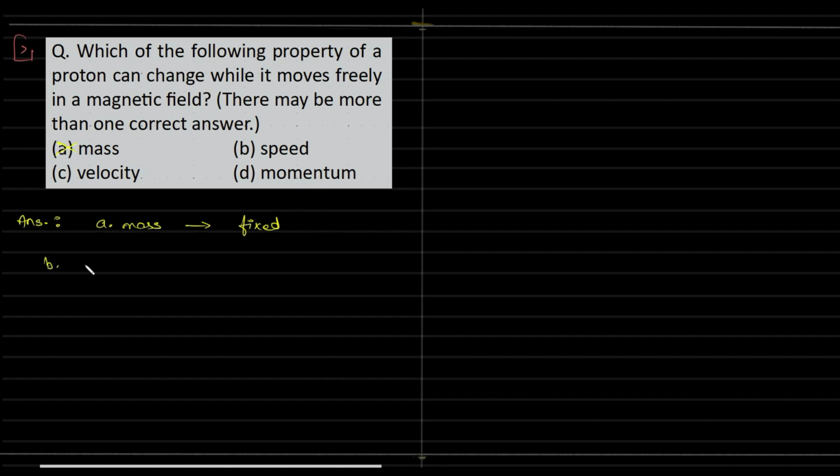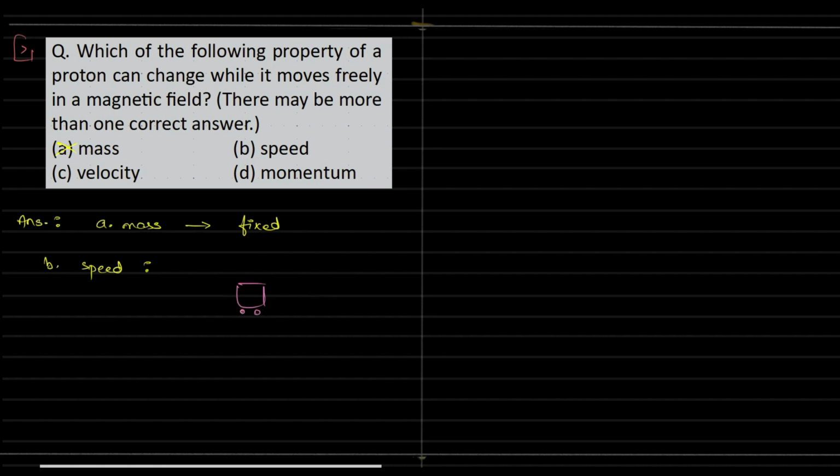Next is speed. When will speed change? Let us discuss speed. If I have an object, say it's at rest or already moving, and I want to accelerate it, meaning change the speed, actually velocity, what should I do?